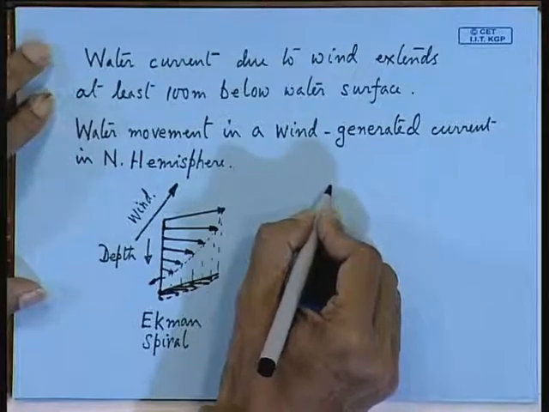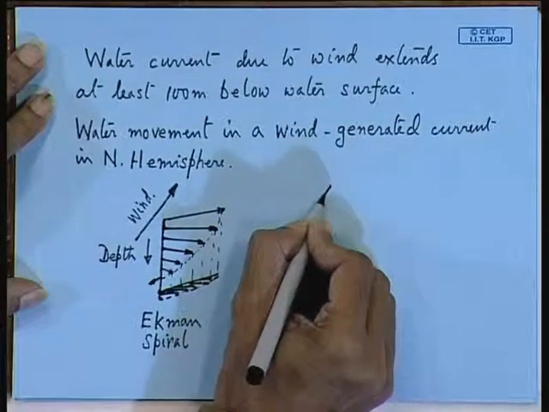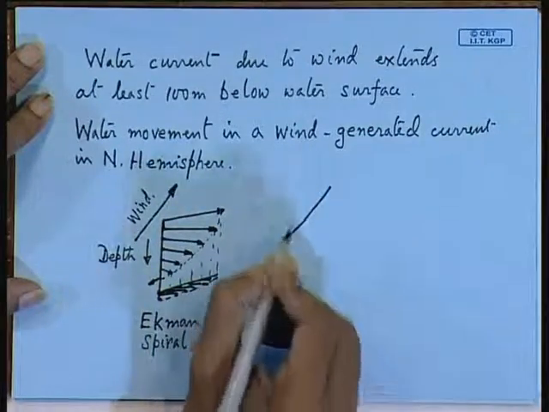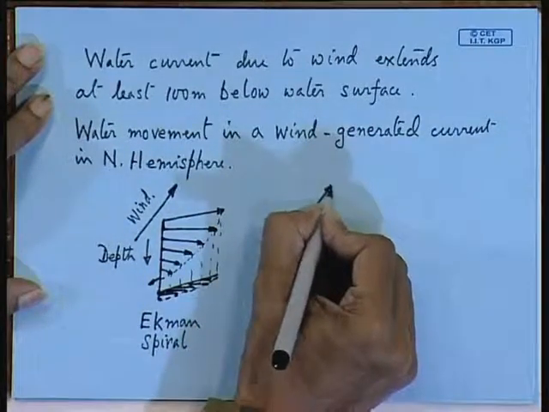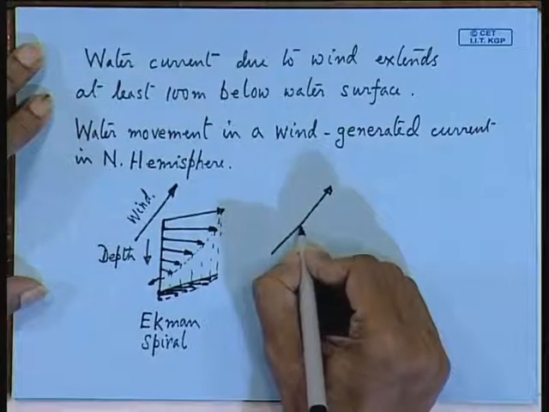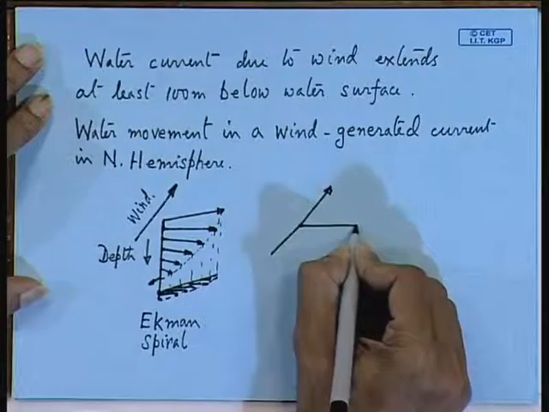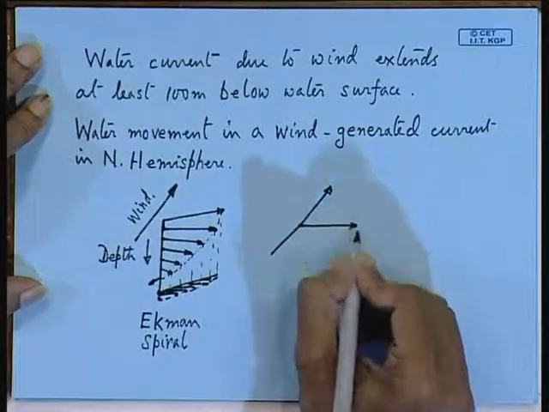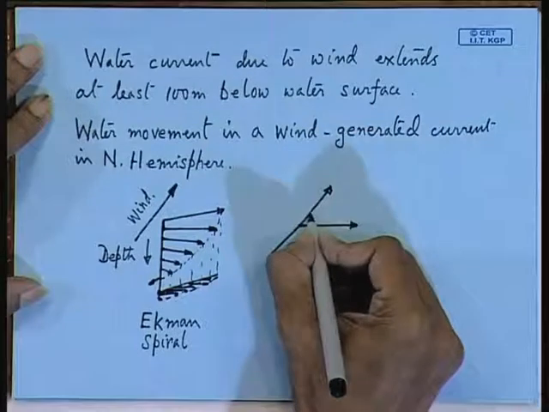Now, if you draw the surface wind pattern, you will find that the direction of the wind is in this direction. Now, surface currents you get 45 degrees to the direction of the wind.